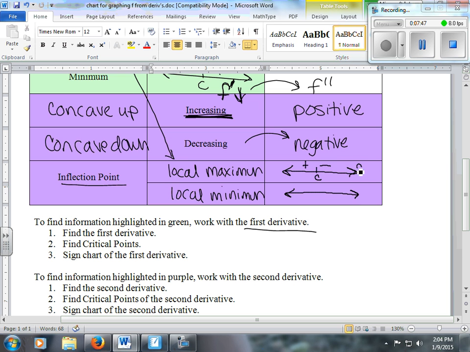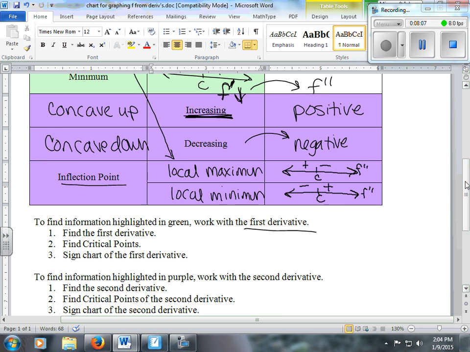Conversely, the second derivative changing from negative to positive will mean that the first derivative has a minimum. But in either case, in the original function f, we have an inflection point. And so we have completed our chart.